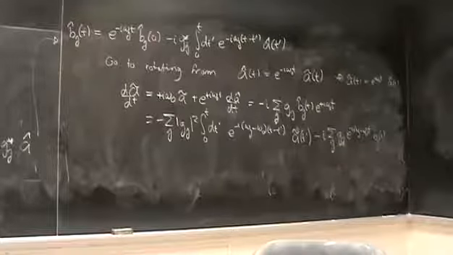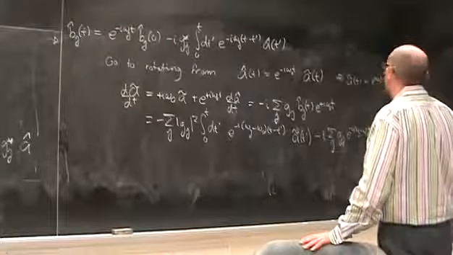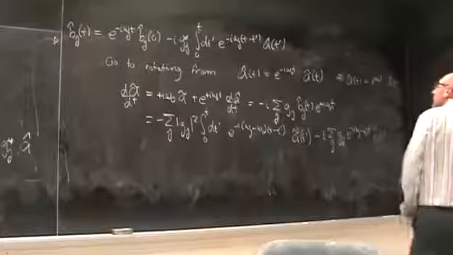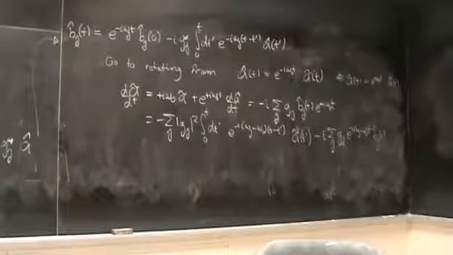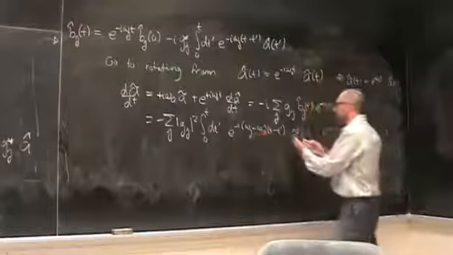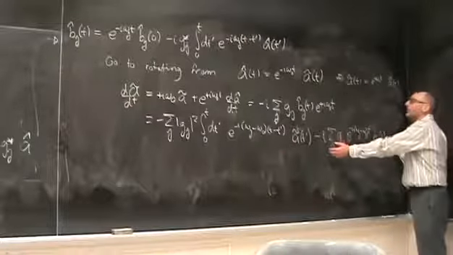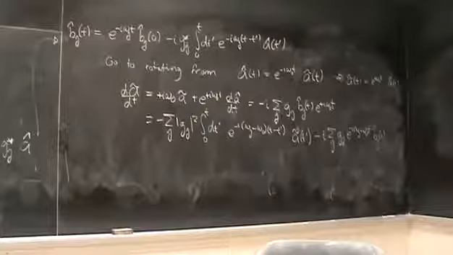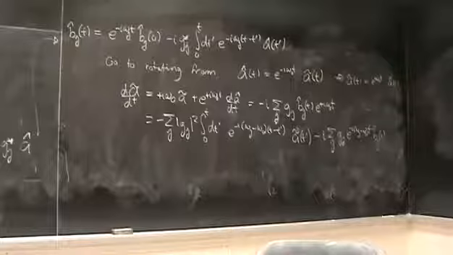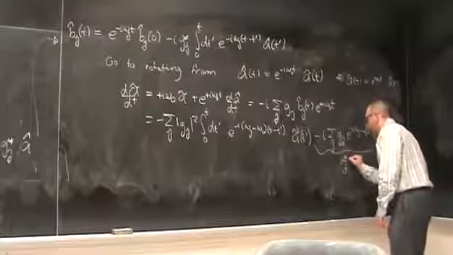Okay, so let's see. I think that's all good. So what do I see from the form of this? Well, here's something that's acting on the mode operator, and here's something that only depends on the bath. It doesn't depend on the system. This operator here, I'm going to call f hat.